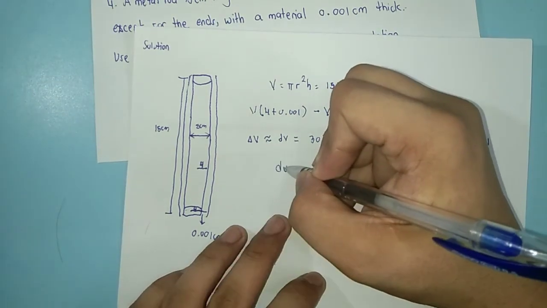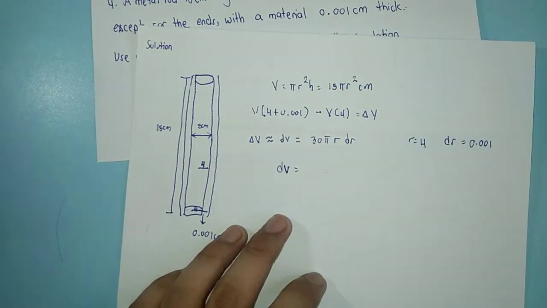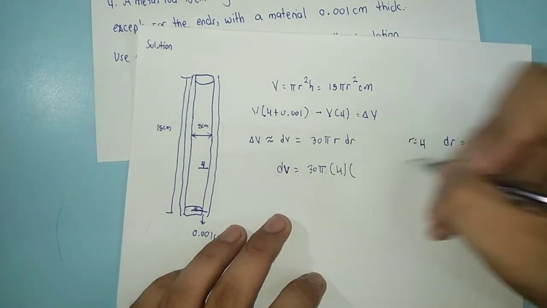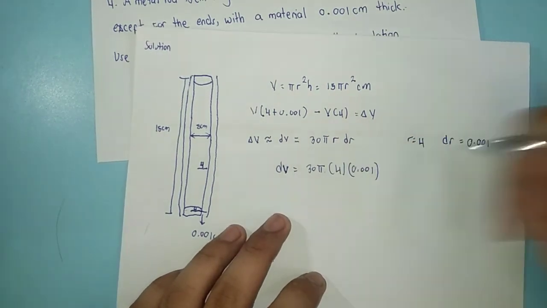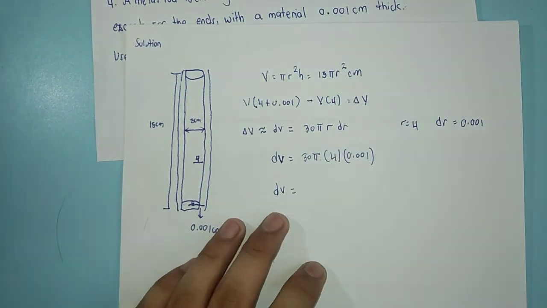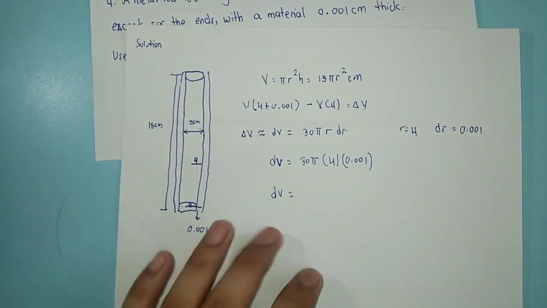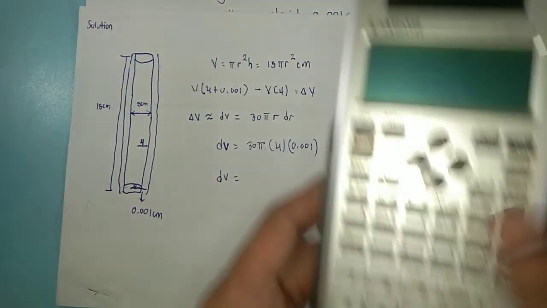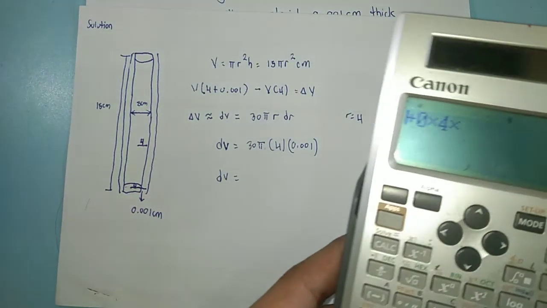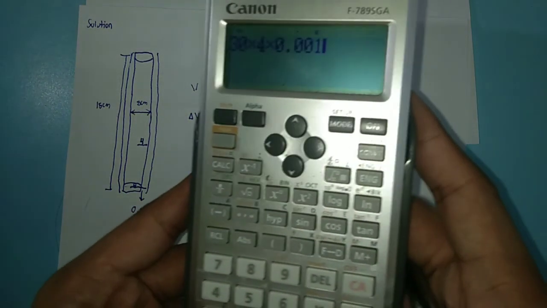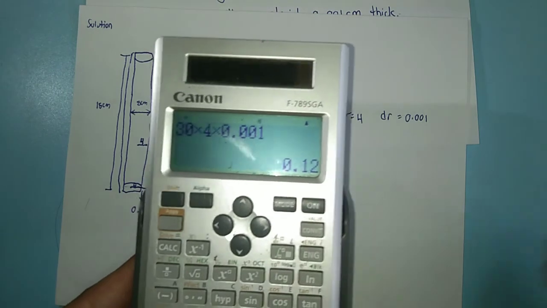So, substitute lang natin dito sa formula. dV equals 30 pi, yung r natin ay 4, dr natin 0.001. So compute natin, huwag na natin isama yung pi. 30 times 4 times 0.001, that is 0.12.